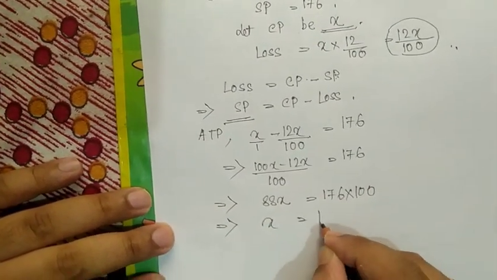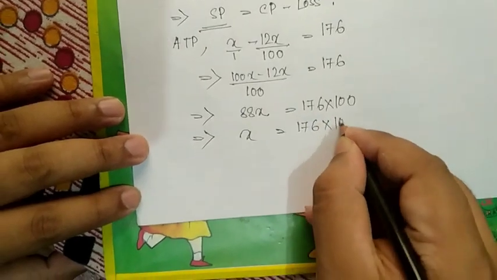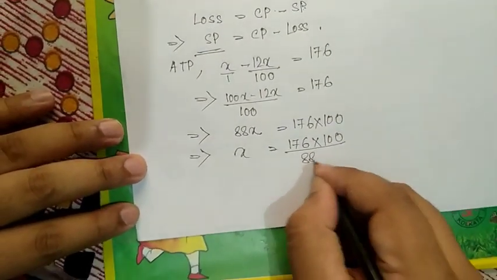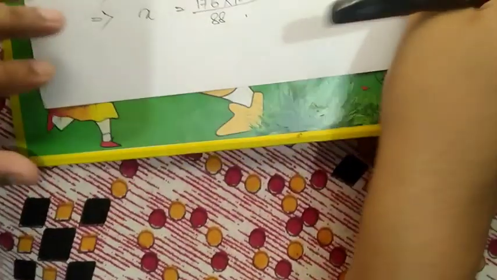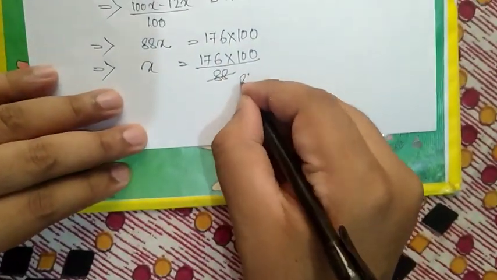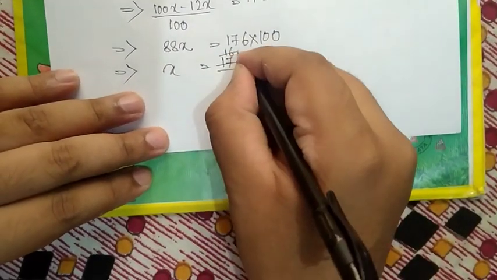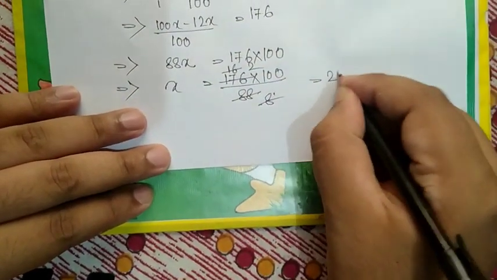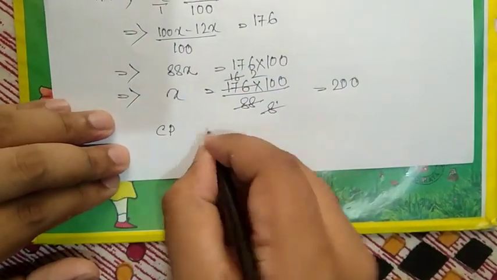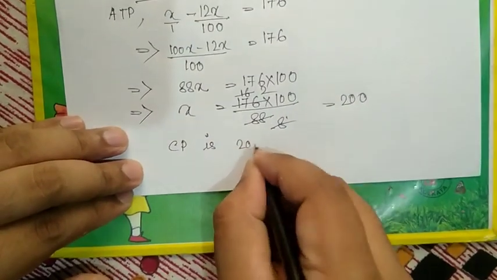X equals 176 into 100 by 88. Eliminate by 11, this should be 8. 1, 16, 8, 16, 2. 2 into 100, 200. So therefore CP is 200.